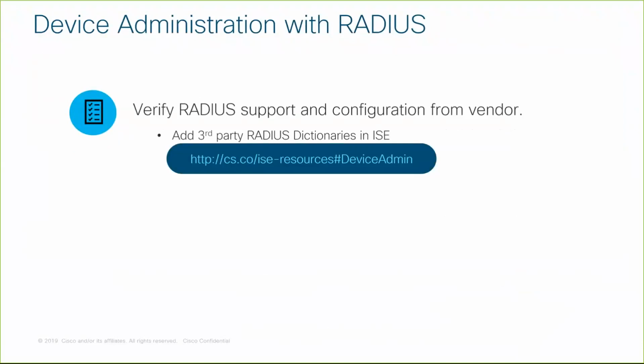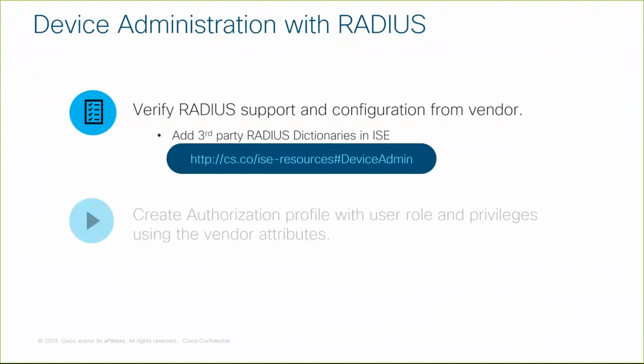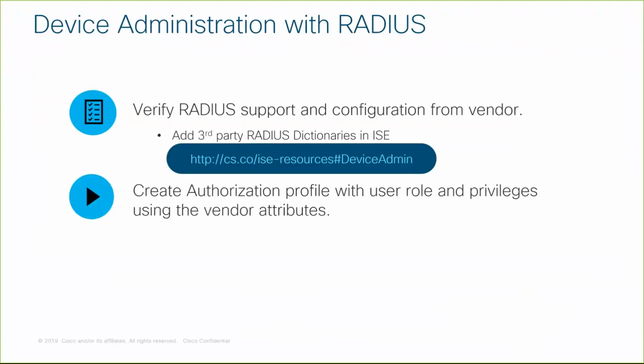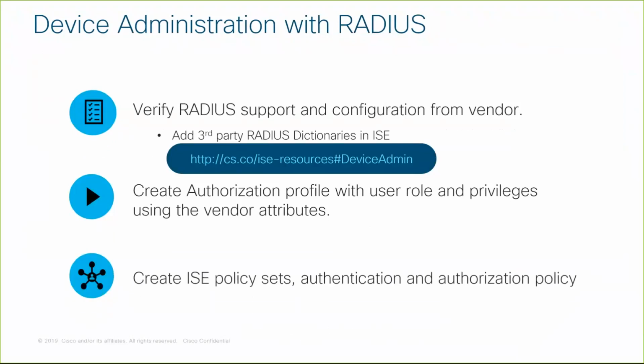First thing is you need to talk to your vendor or gather information from the vendor. You can also gather vendor dictionaries, and ISE supports third-party Radius dictionaries as well, right? Once you do that, you need to create the authorization profile based on the third-party Radius dictionaries and add that to the policy sets. Okay, and then you have to create the ISE policy set as well.